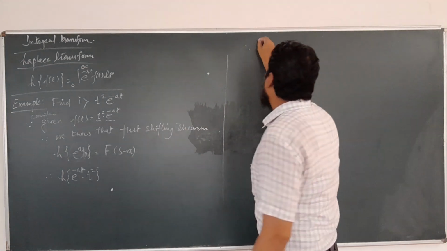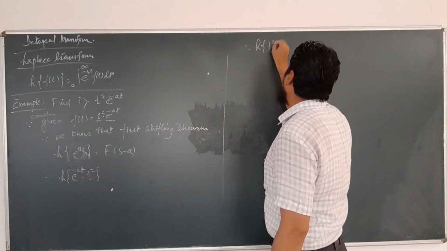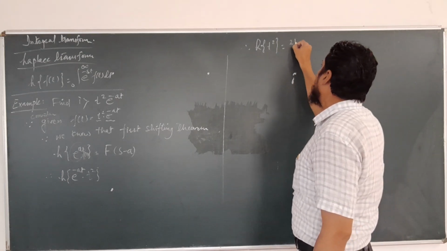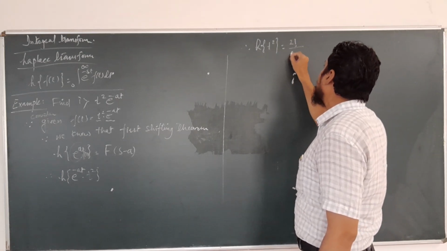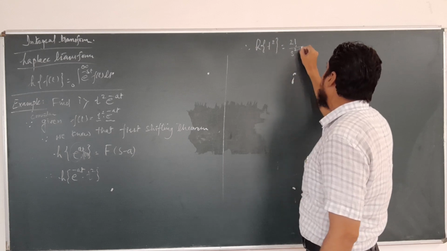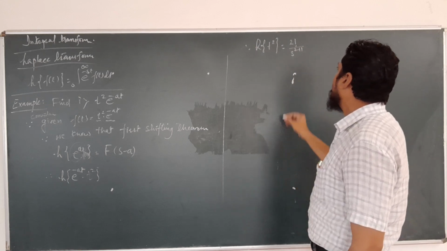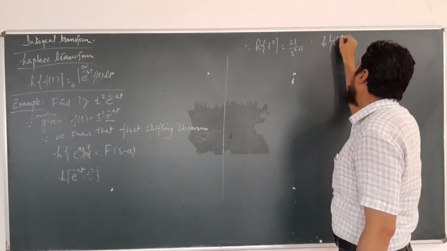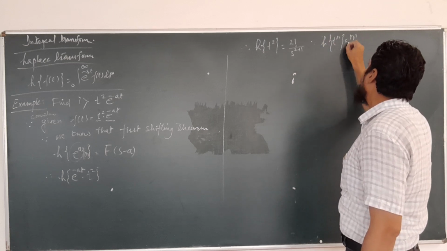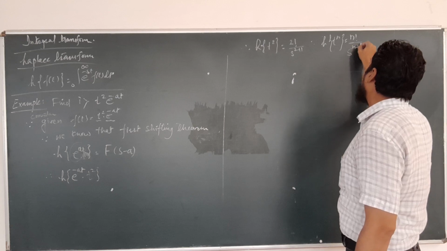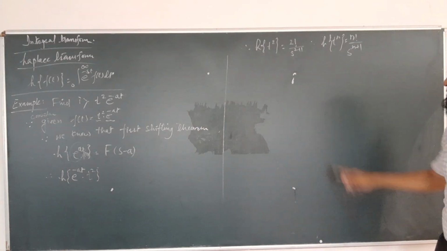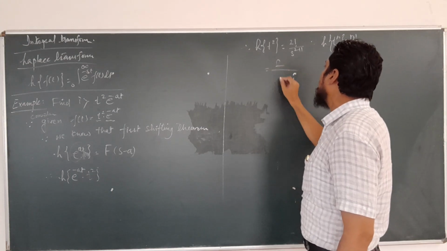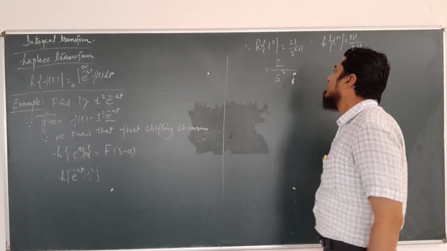Therefore, Laplace transform of t square becomes 2 factorial upon s raised to 2 plus 1. Since we know that Laplace transform of t raised to n equals n factorial upon s raised to n plus 1, we get 2 upon s cube.